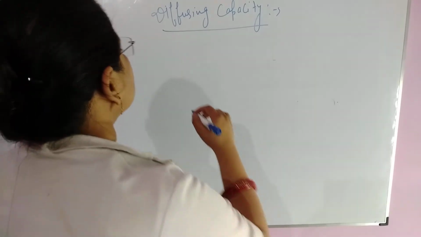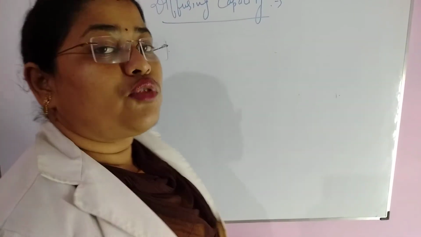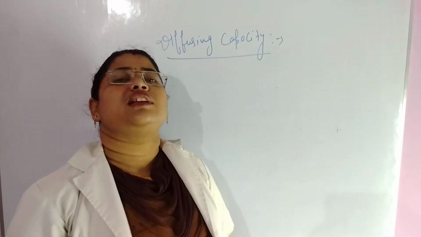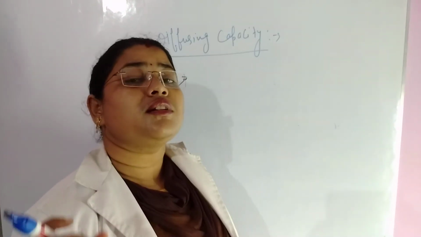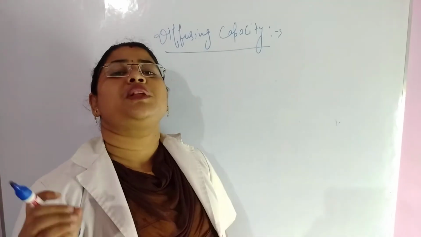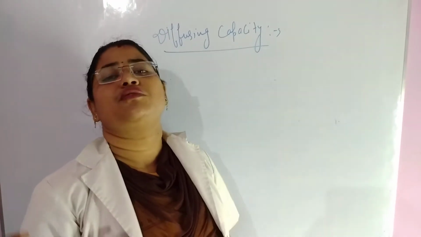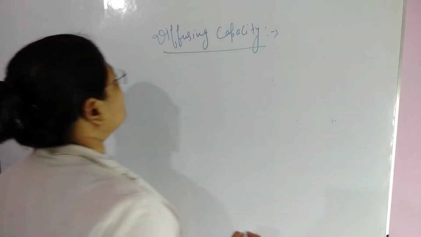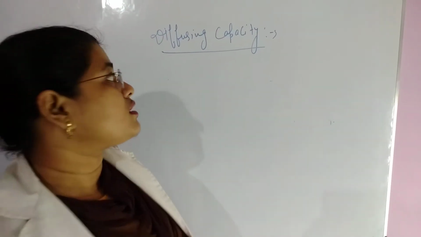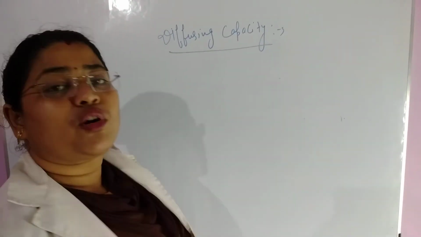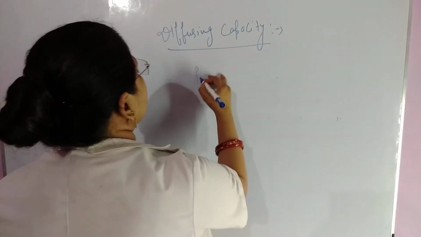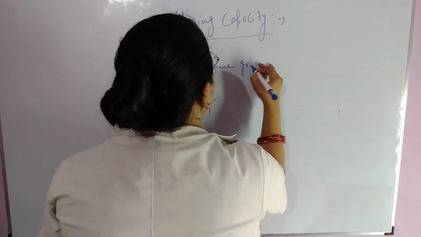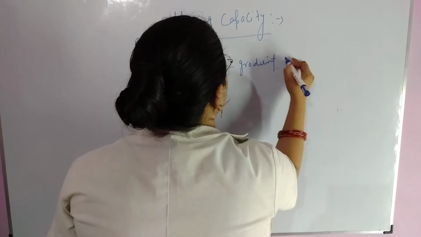Diffusing capacity is the volume of gas which can be diffused through respiratory membrane per minute, where pressure difference is 1 mm of Hg. So, for defining diffusing capacity, it is very important that pressure gradient must be 1 mm of Hg.